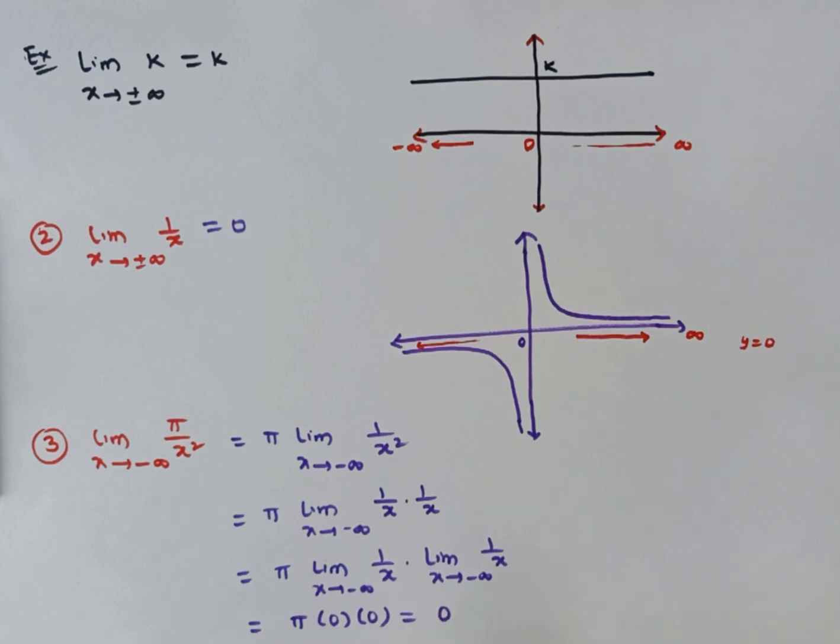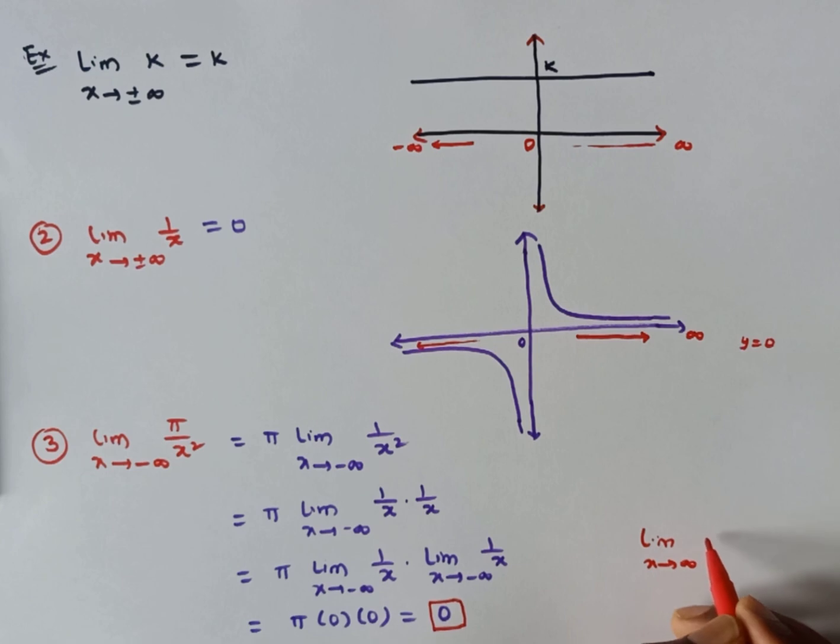So here what you can observe: the limit as x tends to minus infinity of 1/x² is 0. 1/x³ is 0, 1/x⁴, anything. So if it is in the form of 1/x to the power of n, where n is a positive number, it is always 0. So the limit as x tends to infinity of 1/x to the power of n is 0, where n is a positive integer.